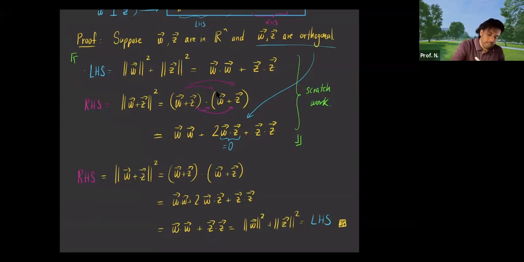And you can say that the cross term equals 0 because they're orthogonal to one another. So it looks like we just rewrote the proof, but the flow of it is a bit cleaner because I go from the right-hand side to the left-hand side.